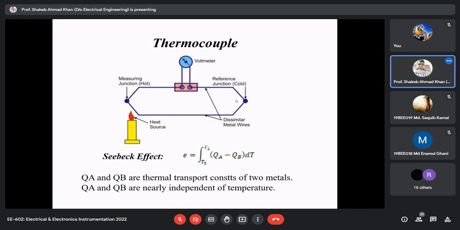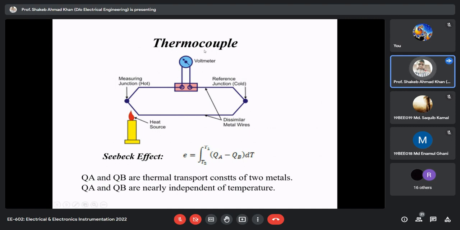But when we are using it as a temperature sensor, the nomenclature and significance are different. One of the junctions is called the measurement junction, and this junction is exposed to the temperature which we are interested in measuring.